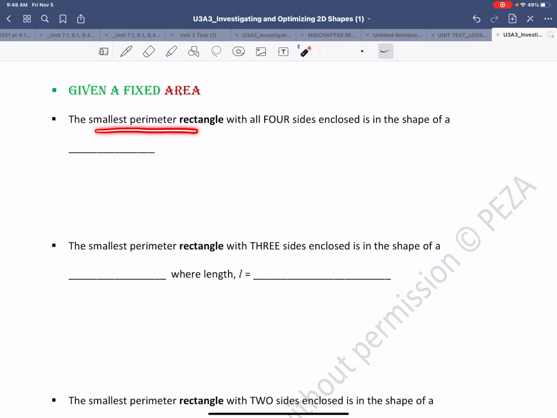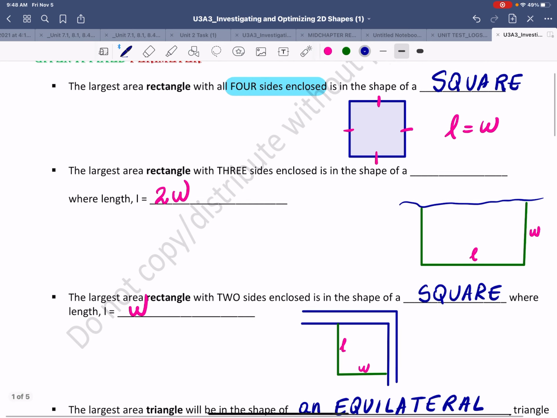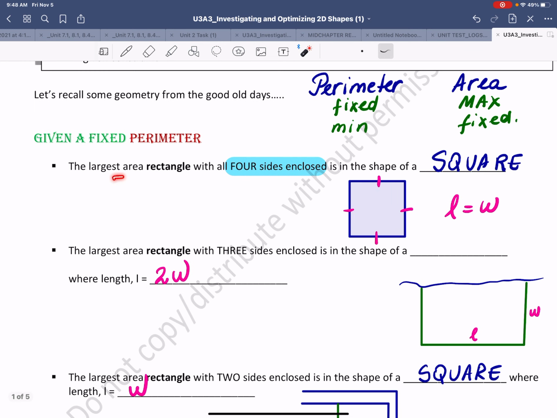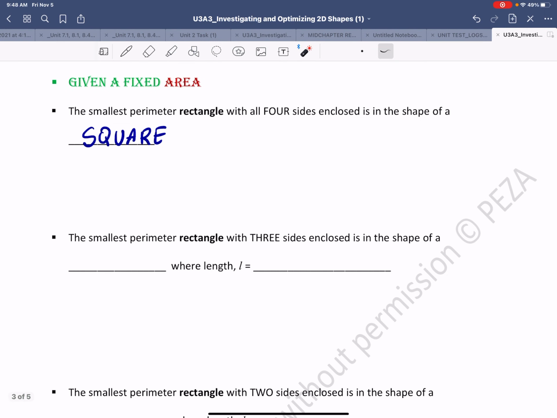So the smallest perimeter rectangle with all four sides enclosed is in the shape of a square again. So very similar to when we had fixed perimeter, right? So fixed perimeter, maximum area, it was in the shape of a square, and the same thing when we have a fixed area and we want the minimum perimeter.